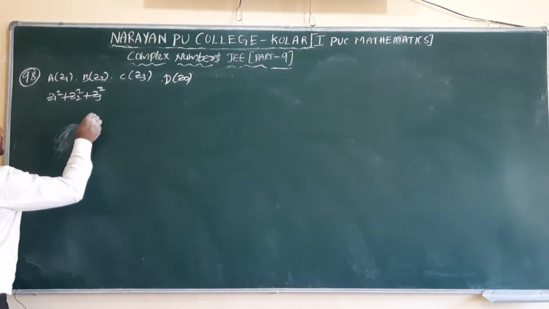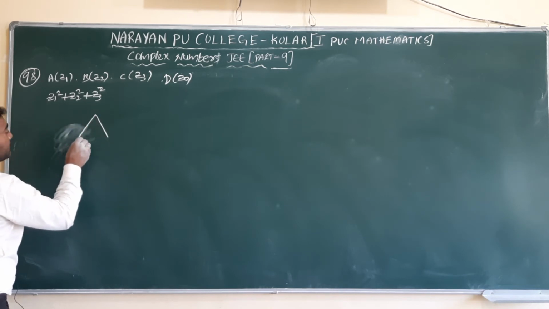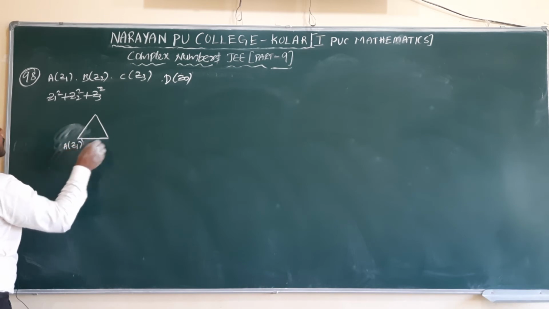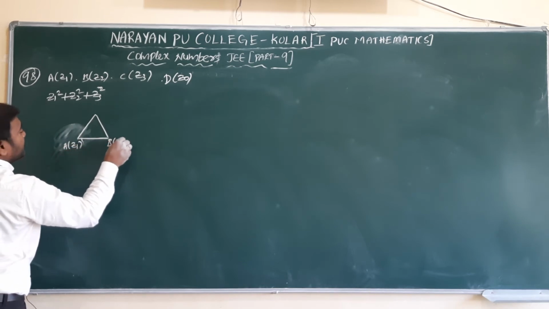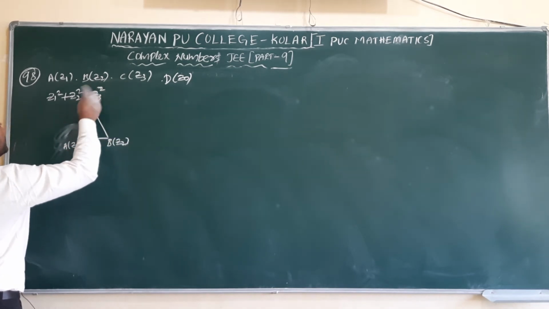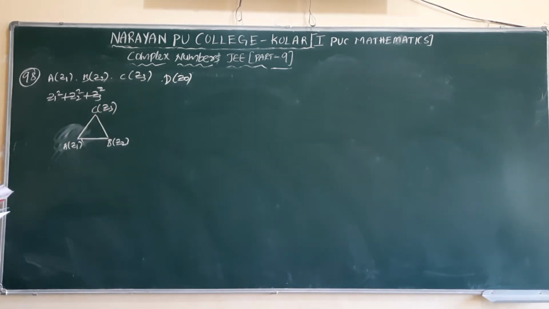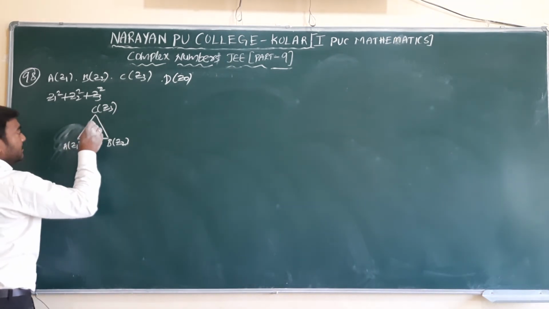So point A is Z1, point B is Z2 and point C is Z3. The circumcenter of the triangle is Z0.